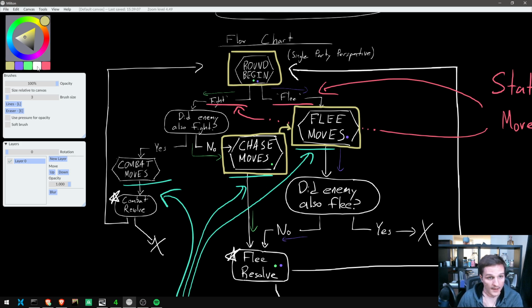Now, the way I coded the chart is these hexagon shapes represent actual states where player choices are happening. And the ovals represent some kind of automated processing, whether it's a simple check, like checking what kind of flow the other party went through. That's what the did-enemy questions mean.